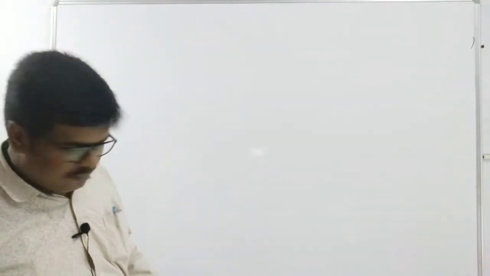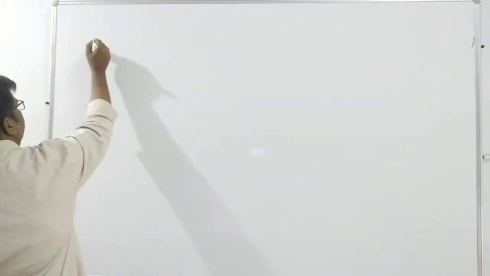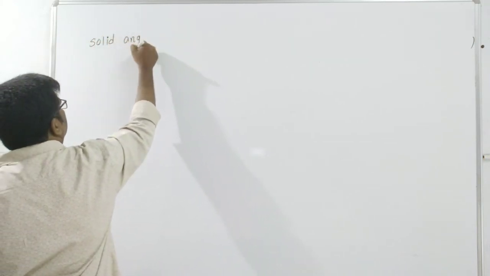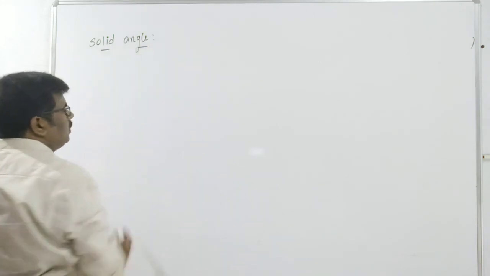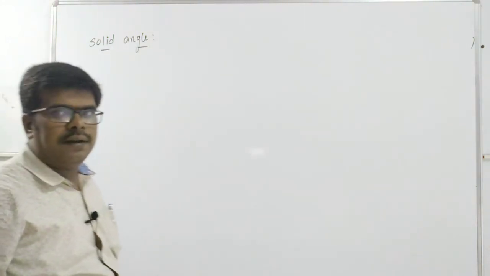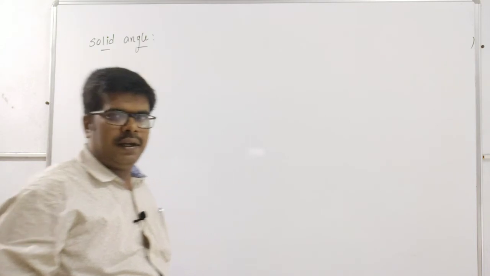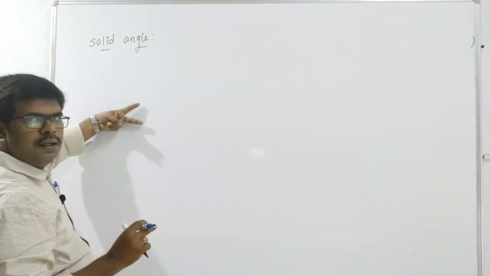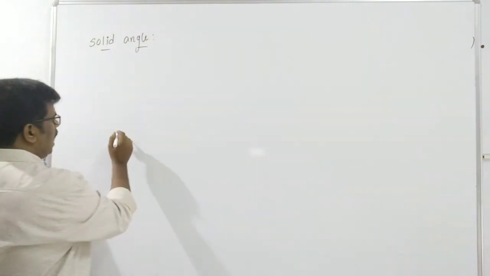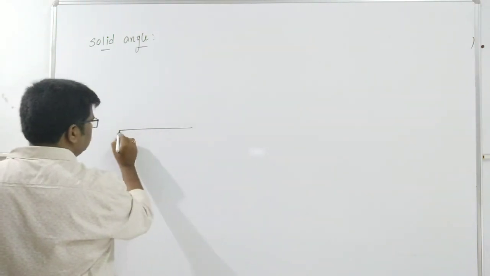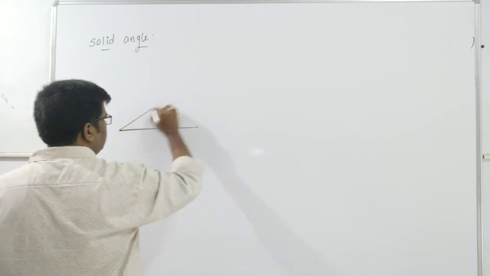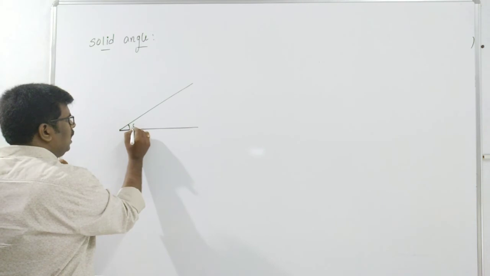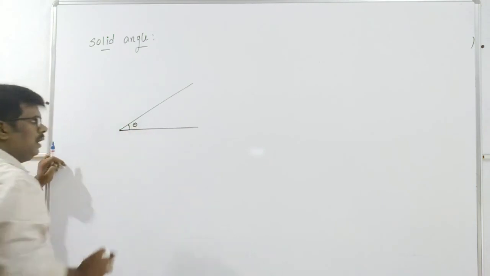Let us suppose solid angle. Earlier we had the concept of linear angle, which you studied well. If two lines are there, the angle between the two lines is nothing but angle theta, or between two planes.